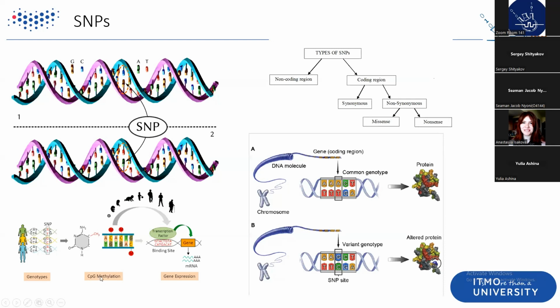Then it would produce CpG methylation in the CpG islands, and this would affect the transcription factor for the particular gene, and the binding site is affected for this particular transcription factor, and this in turn would also affect the expression of this particular gene. The expression is impaired, might be impaired.